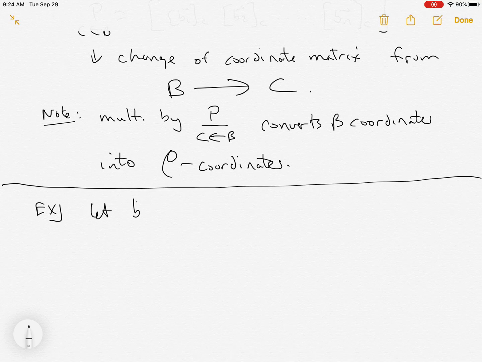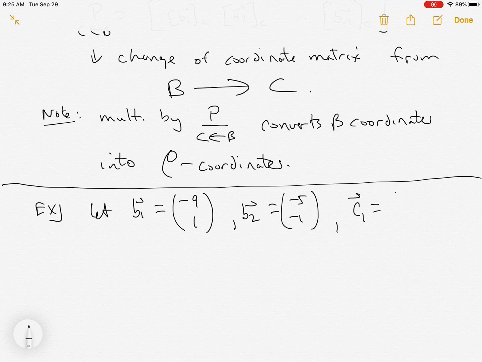We're working in R2. Let B1 be minus 9, 1. B2 is minus 5, minus 1. C1 is 1, minus 4. And C2 is 3, minus 5.